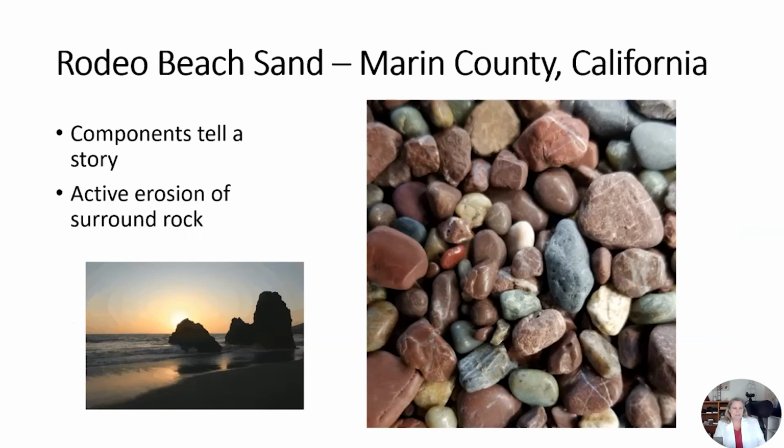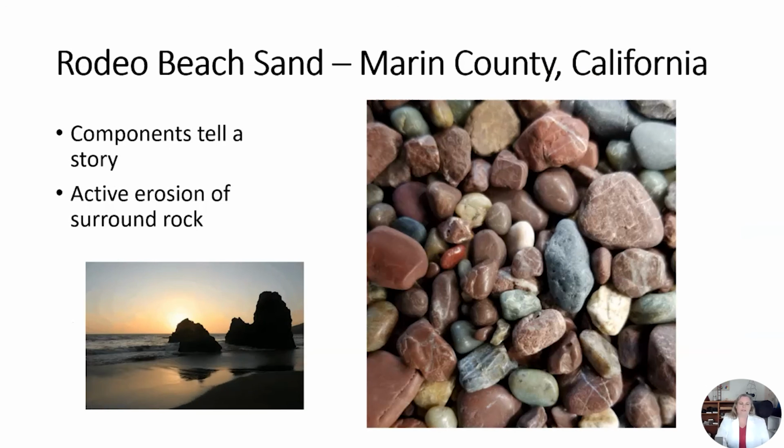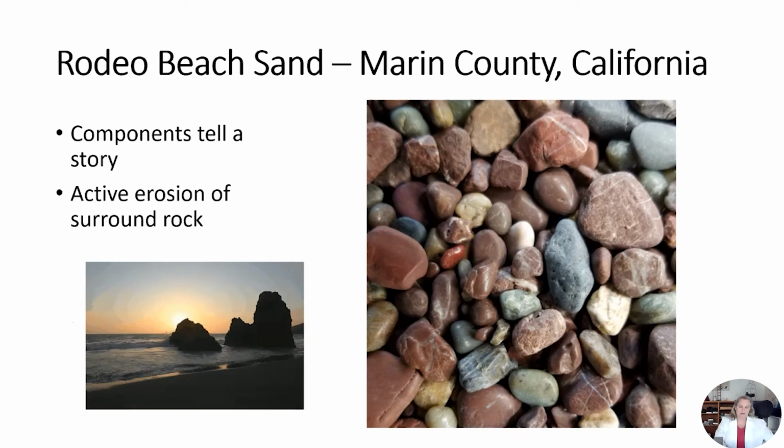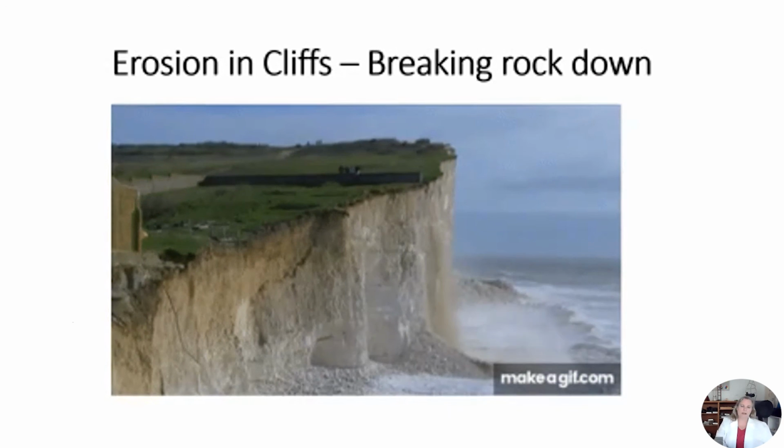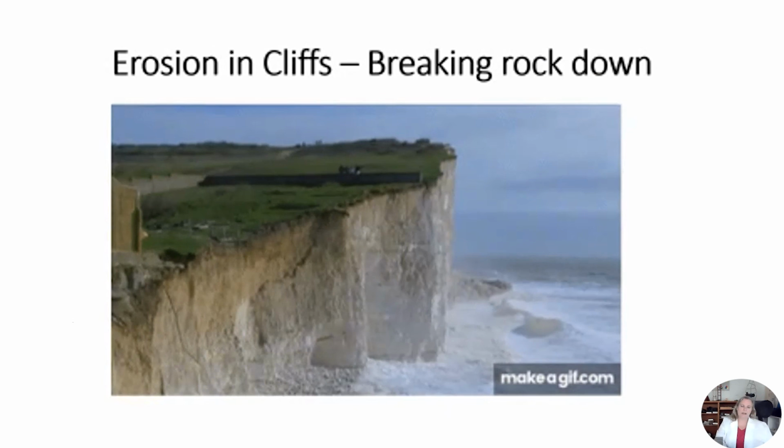All right. So again, this is the Rodeo Beach sand, Marin County. It is, again, actively eroding from that surrounding rock. So when I say actively eroding, things like this, the erosion on the cliffs are breaking these rocks apart, breaking them down.